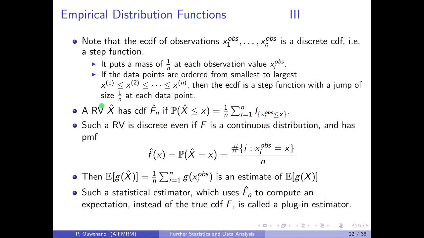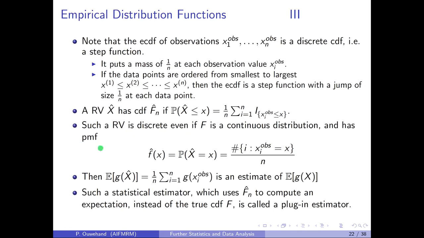Now, a random variable X hat has the same CDF as the empirical CDF, if and only if its CDF, which is just the probability that X hat is less than or equal to x, is equal to the empirical CDF, which is defined as shown here. Such a random variable X hat is discrete even if the original distribution F is a continuous distribution.